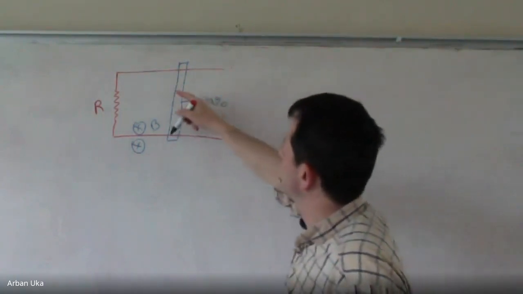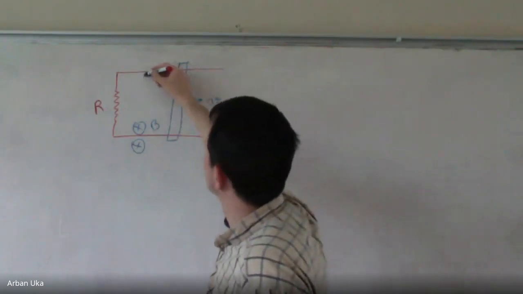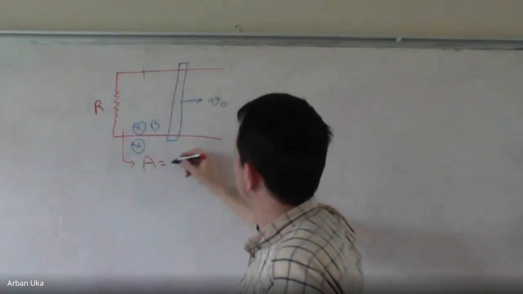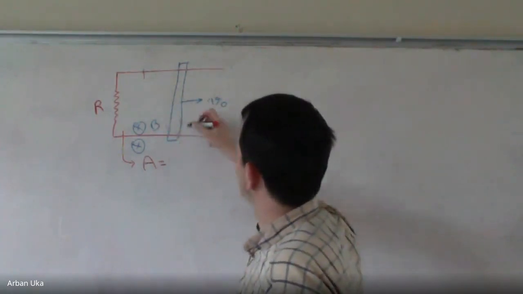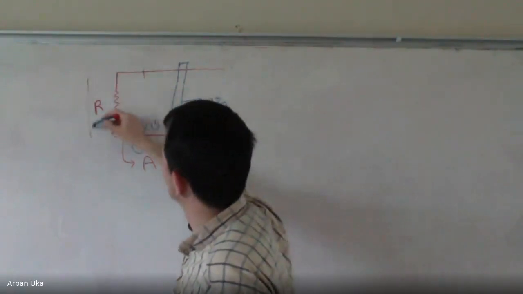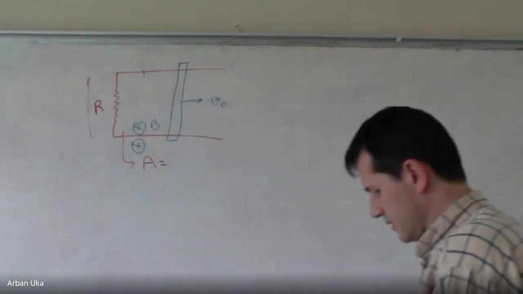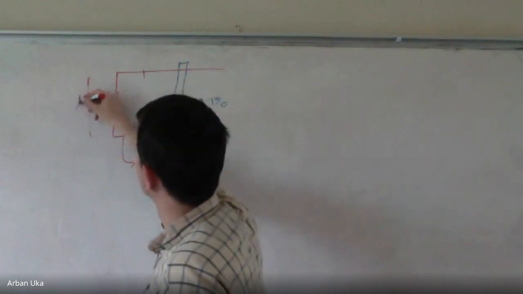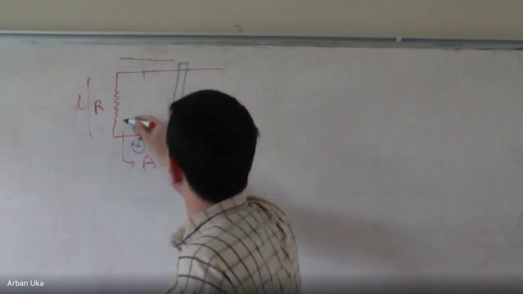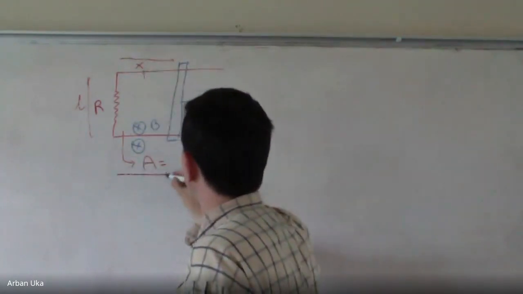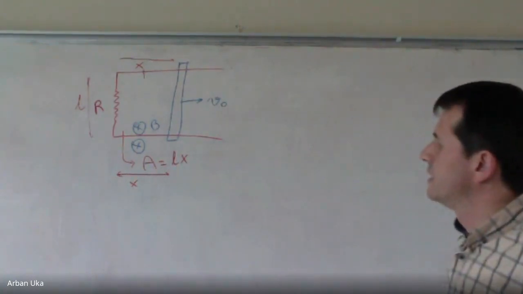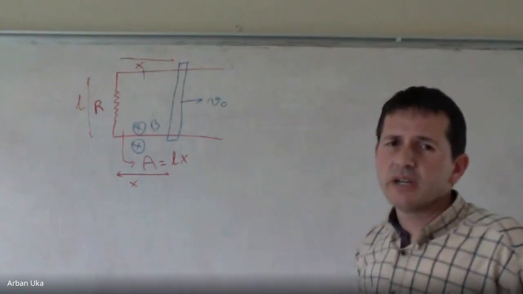First of all, what is the initial area here? Let's assume that this is some length L, and this is some distance X. So this side is X, and the area is L times X. If this one is moving, the area is going to change.